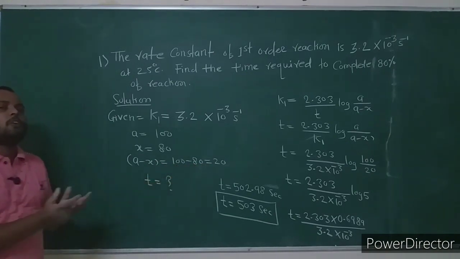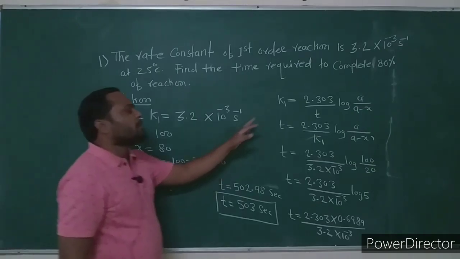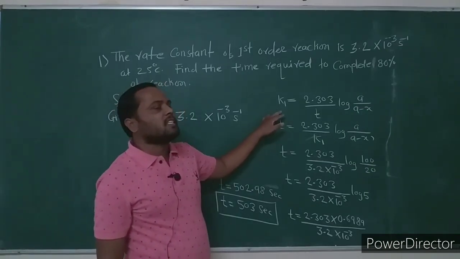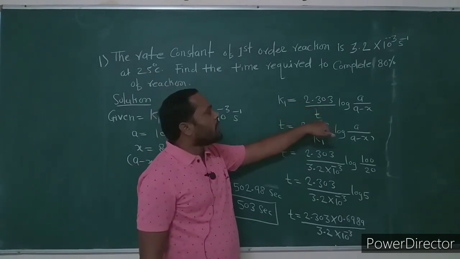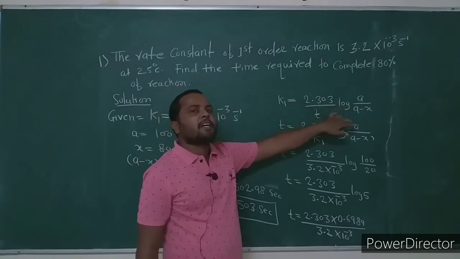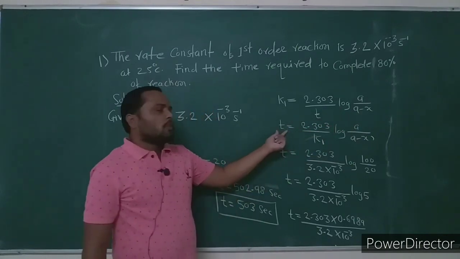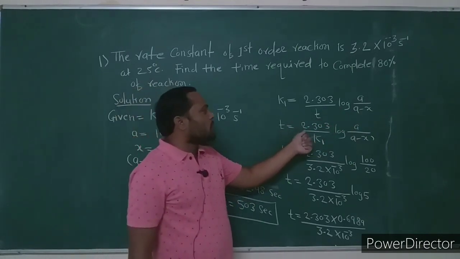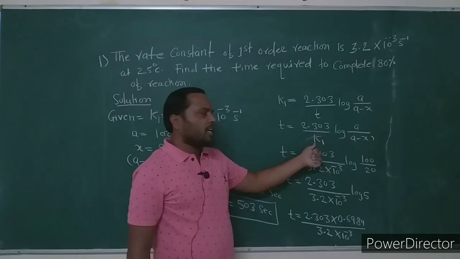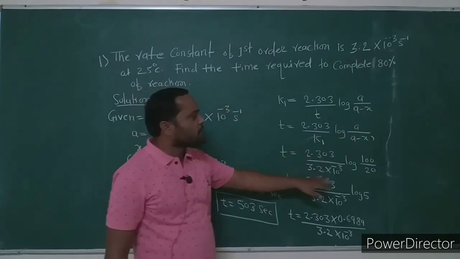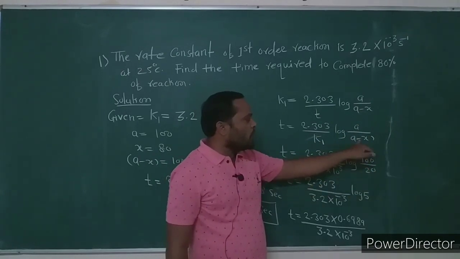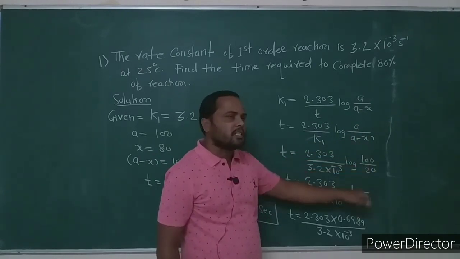Then we determine T using the integrated rate equation: K1 is equal to 2.303 divided by T log A upon A minus X. Rearranging, T is equal to 2.303 divided by K1 log A upon A minus X. We substitute the value of K1, A as 100, and A minus X as 20.